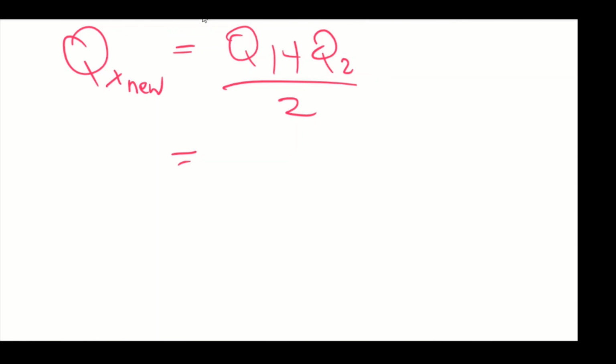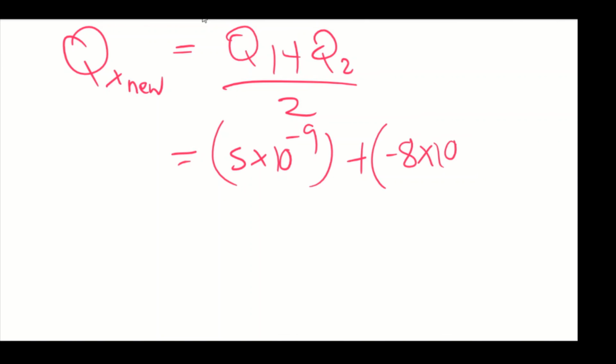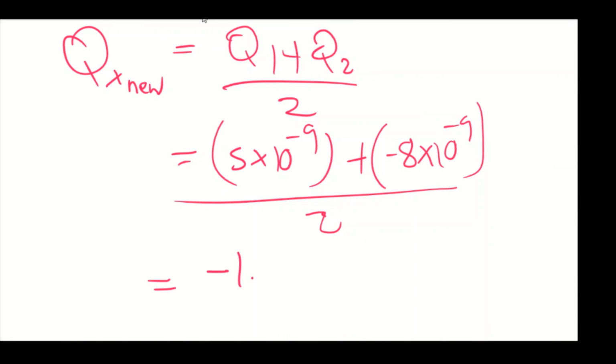And the charge of sphere X is 5 times 10 to the power of minus 9, plus the charge of sphere Y, which is minus 8 times 10 to the power of minus 9, and then we divide by 2, and the answer that you need to get is minus 1.5 times 10 to the power of minus 9 coulombs, right?